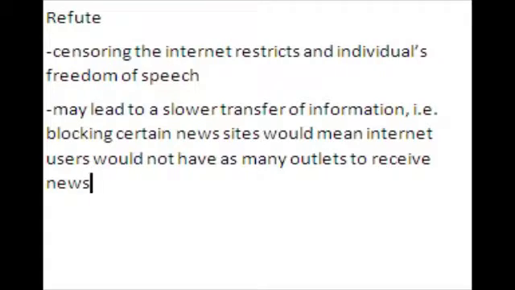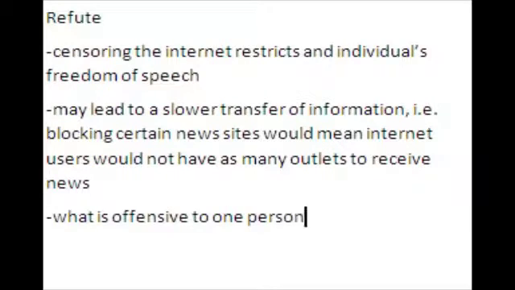And perhaps a third thing would be that not everyone thinks the same things are offensive. So for one person, something might be totally offensive, and for another person, it might not be. So we'll just say what is offensive to one person may not be to another.